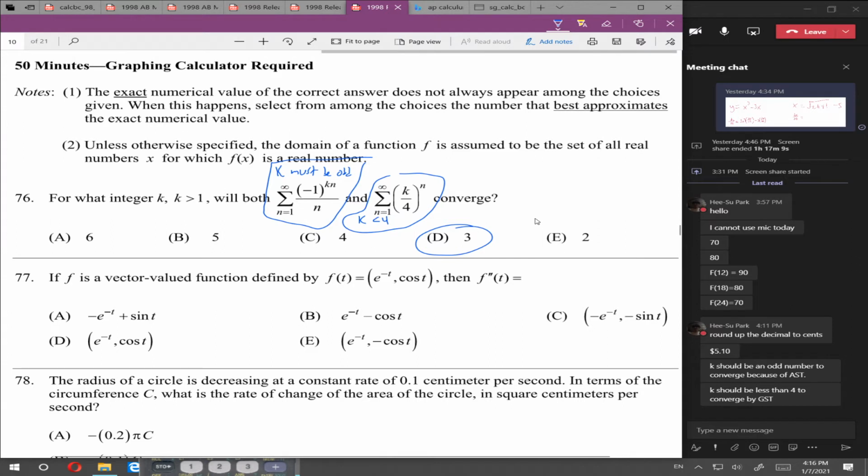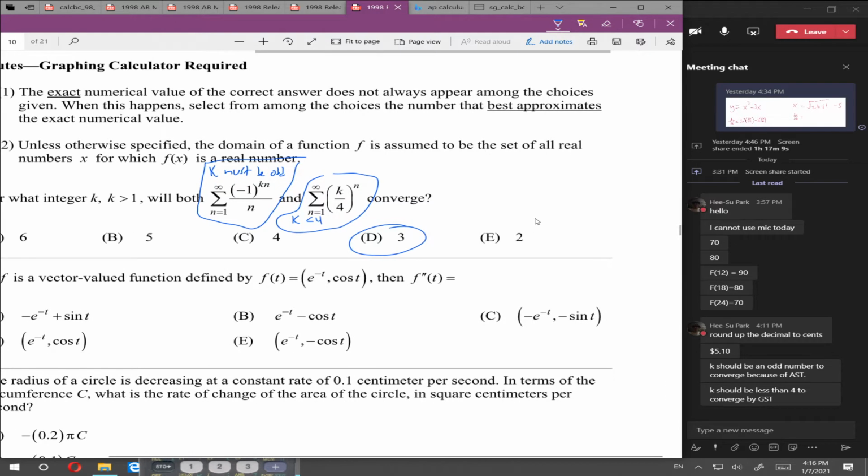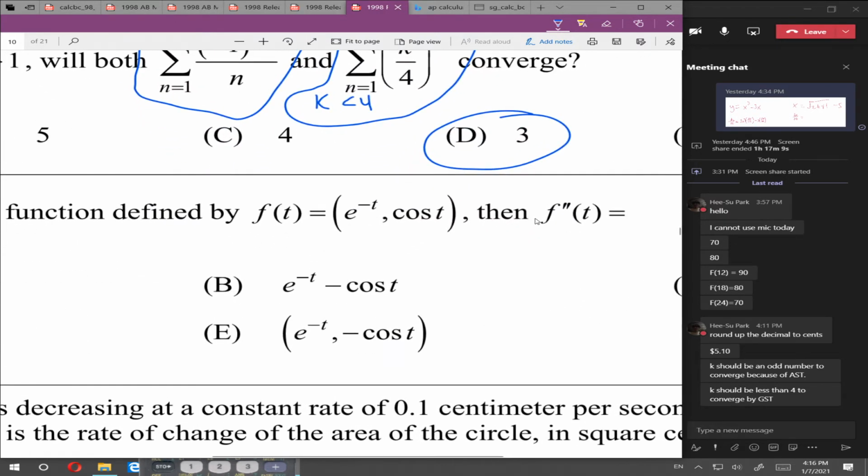For 77, we've got this vector function where f of t is e to the negative t and cosine t. I want to know what the second derivative would be. Kyle, what's our first derivative? Our first derivative would be negative e to the power of negative t and negative sine t.